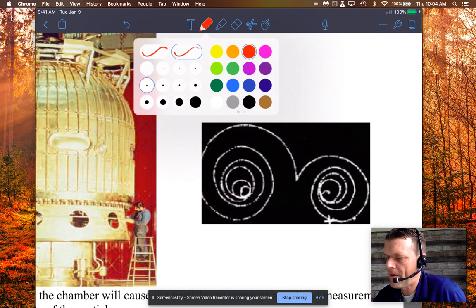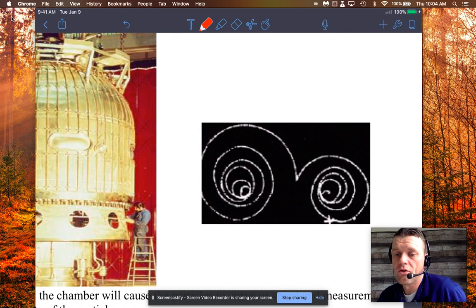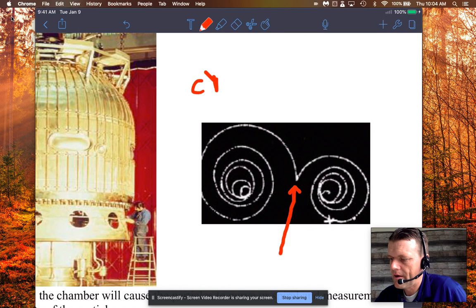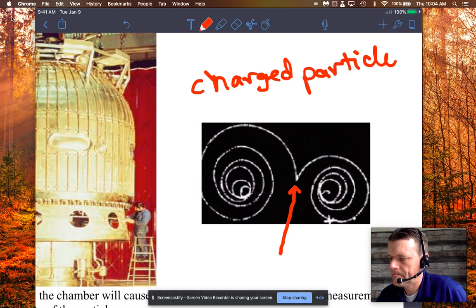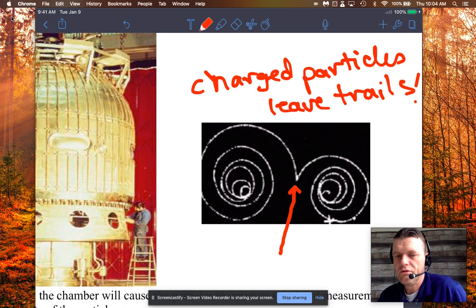If a charged particle, okay, or no, sorry, in this case, a neutral particle was fired in like this. But remember, only charged particles leave trails. Neutral particles do not.